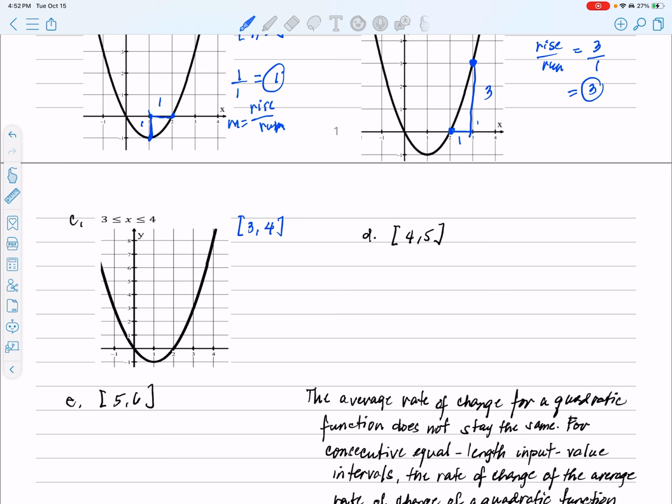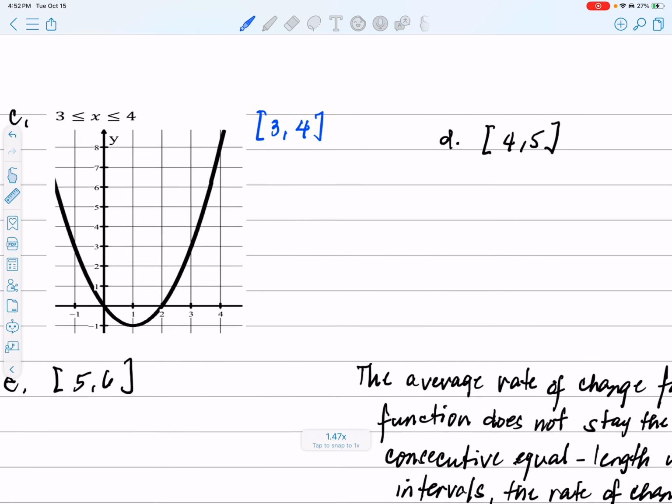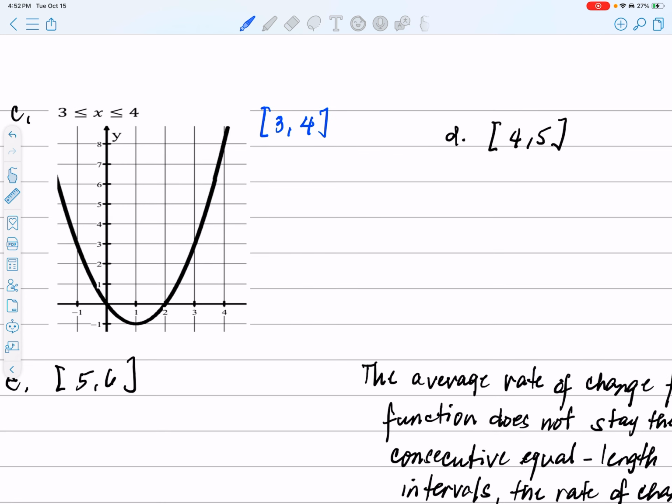Let's look at 3. Right here, I will blow this up. So this is 3, go up to the curve, right there. And then let's look for 4. Go up to the curve right here.